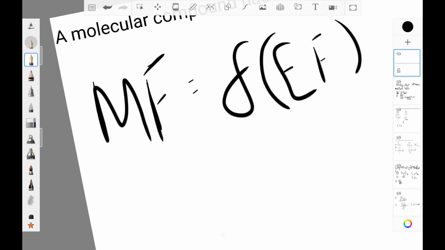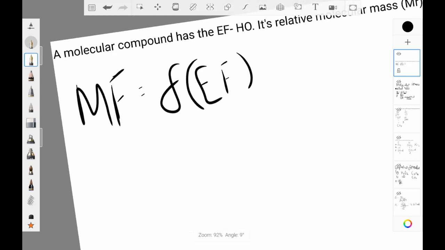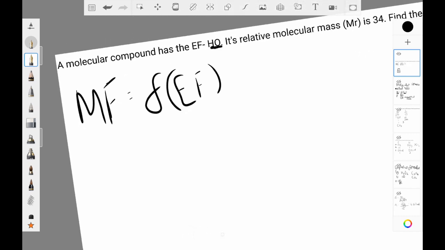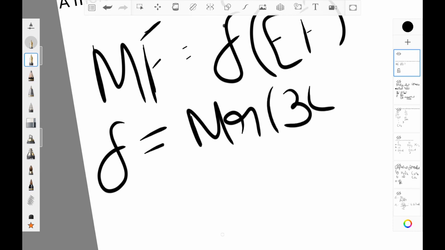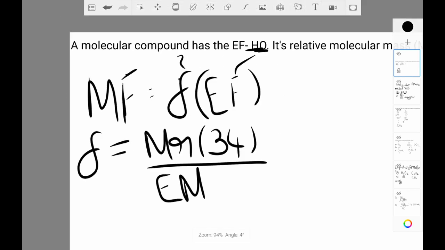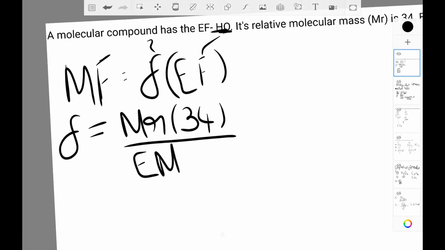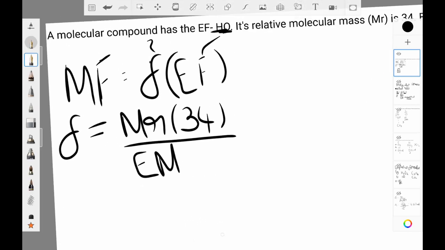Now the main thing, you've been given the EF, which is HO, but you don't know the factor. So the factor, again, is the MR, which is 34, over the EM. Now the EM hasn't been explicitly stated, but because you know the empirical formula, you can calculate it.